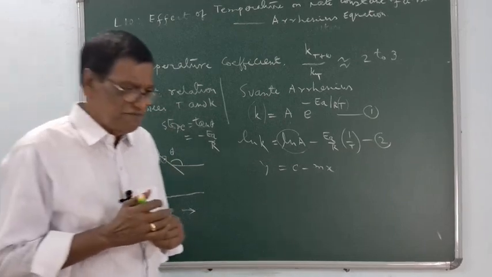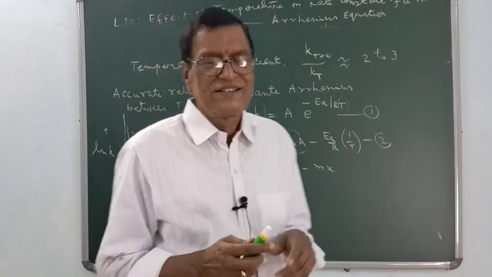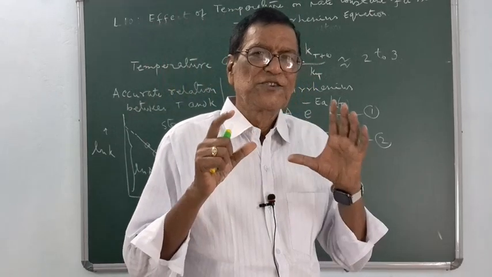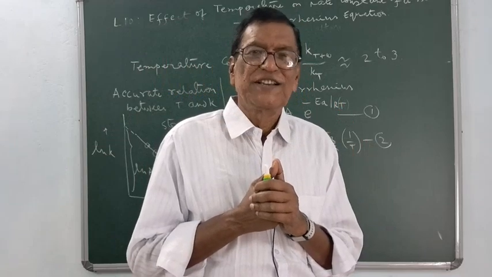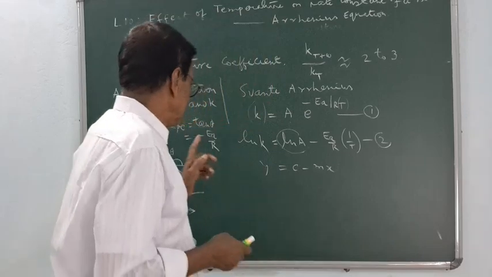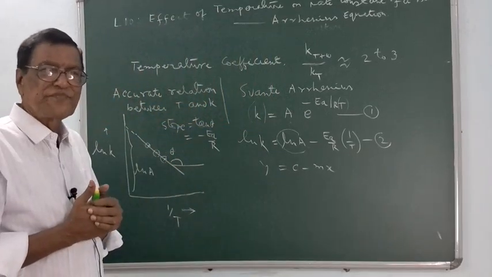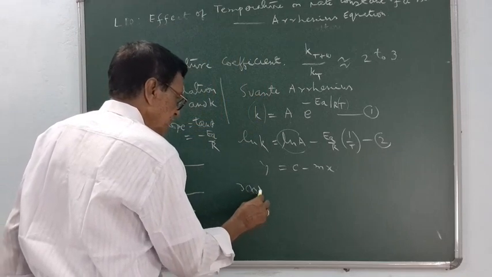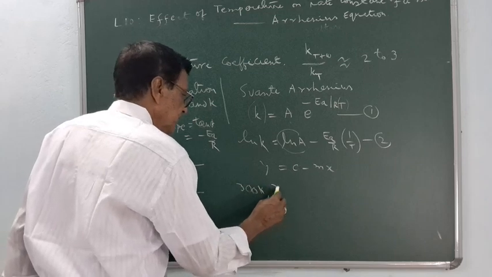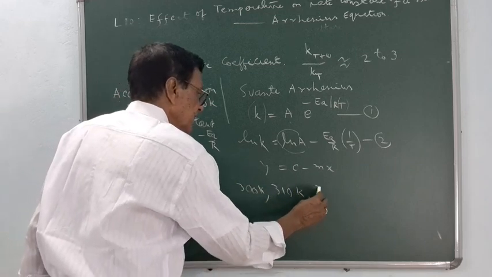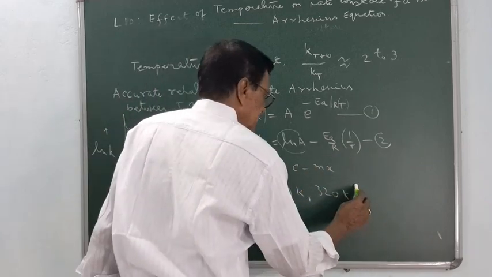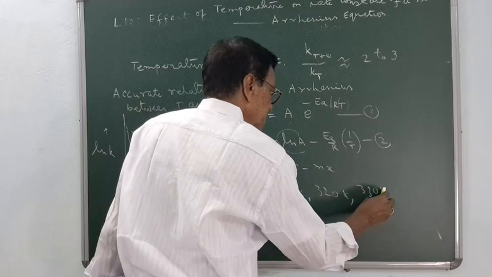However, there is one experimental difficulty. It is not so easy to draw the exact curves. Suppose we are studying 300 Kelvin, 310 Kelvin, 320 Kelvin, and so on, 330 Kelvin.